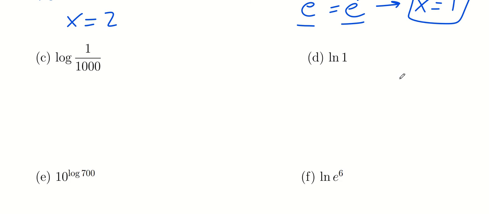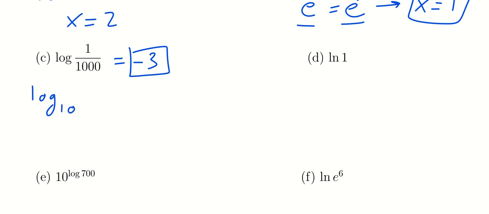Log of 1 over 1,000. Well, we know that 10 to the third power is 1,000. But to get 1 over 1,000, we need a negative exponent. So log of 1 over 1,000 should be negative 3. Again, if you can't see that, you can just use the same trick we did earlier. Write it explicitly.